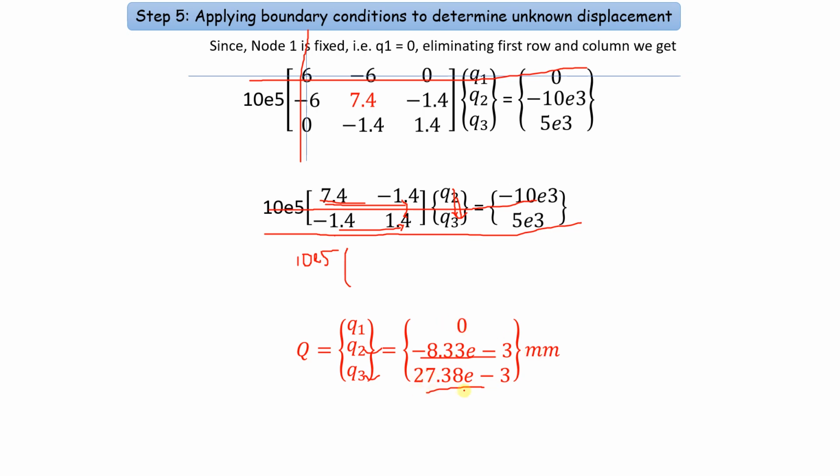Using these displacements, we'll find the element strains and the element stresses. In the question only element stresses are asked, but in the exam you may be asked to find element strains as well. First we'll find element strains, then multiply by Young's modulus to get the element stresses.